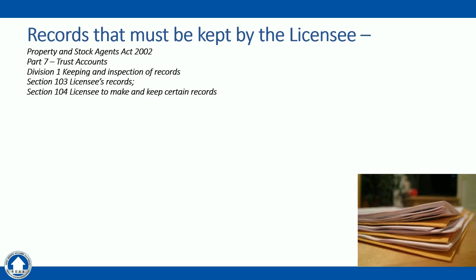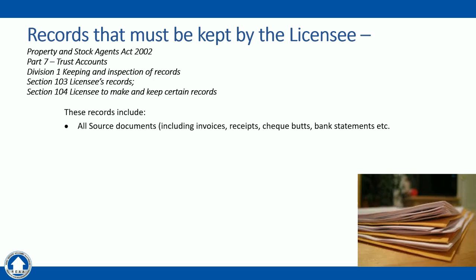When looking at this particular section, you will see that the records that need to be kept include all source documents. So this includes your invoices, receipts, check butts, bank statements. A source document is anything that shows the original transaction.